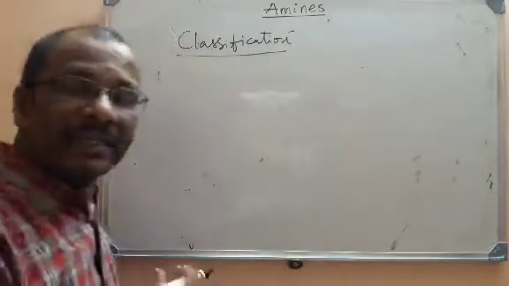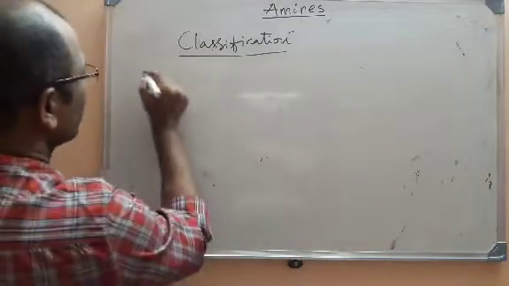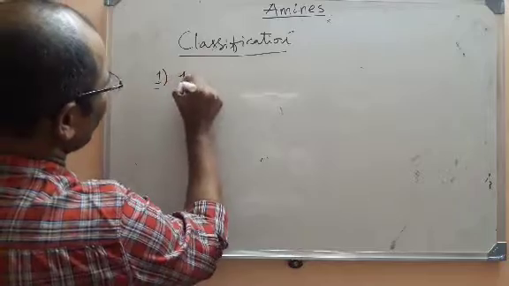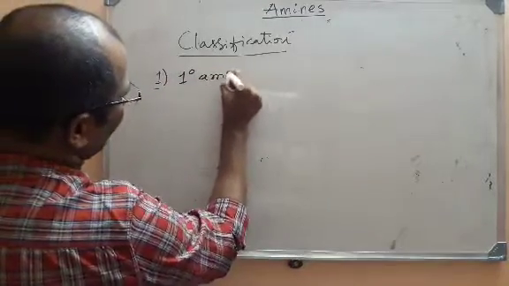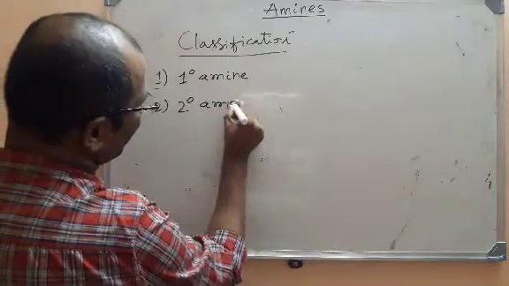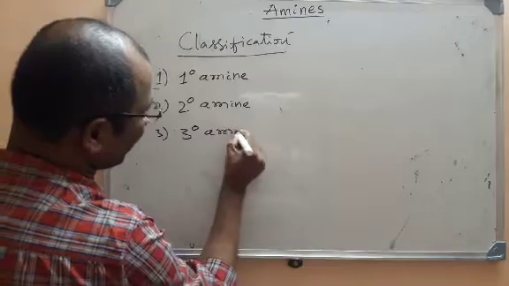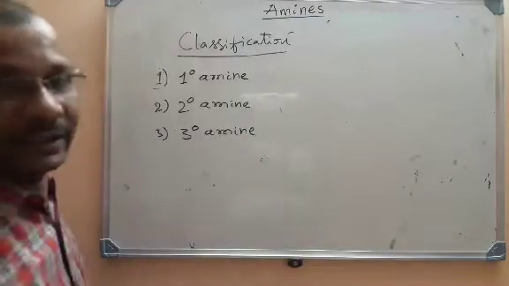So here amines are classified into three types. That is primary amine, the second one is secondary amine, and the third class of amines is tertiary amine. So this is the classification.